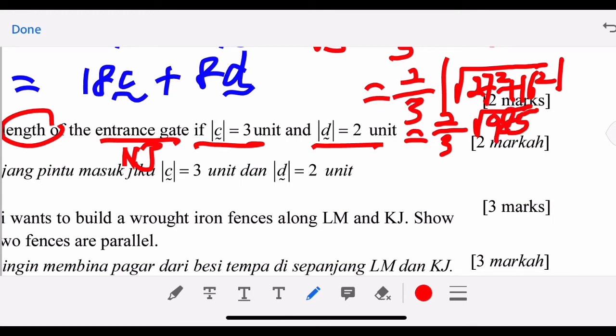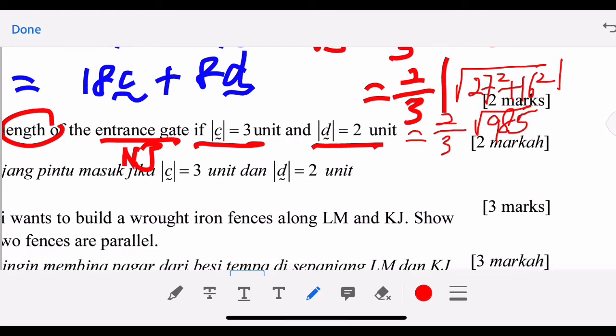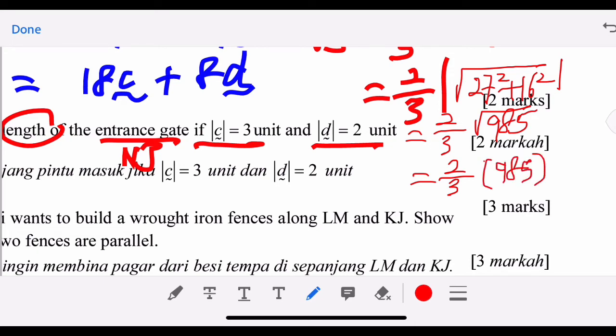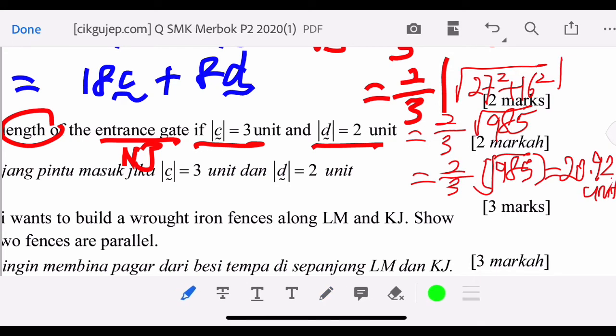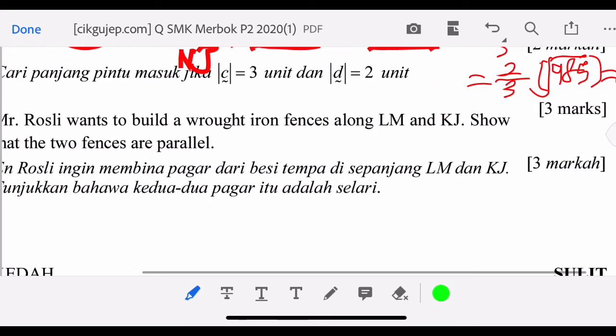So I guess you get the square root of 985, times 2 over 3. You can give your answer in 4 significant figures. If you press your calculator carefully, you should get about 20.92. Are you getting this answer? The length is in units, so we write unit.